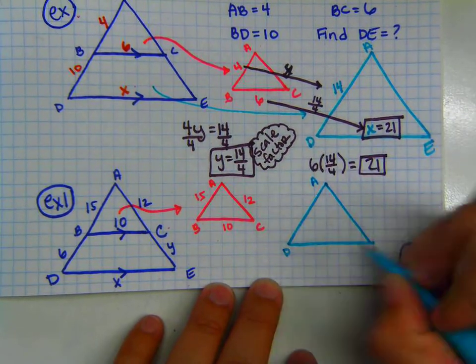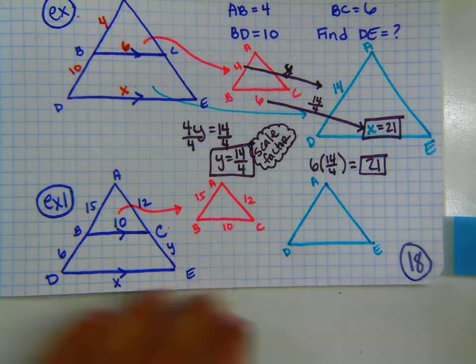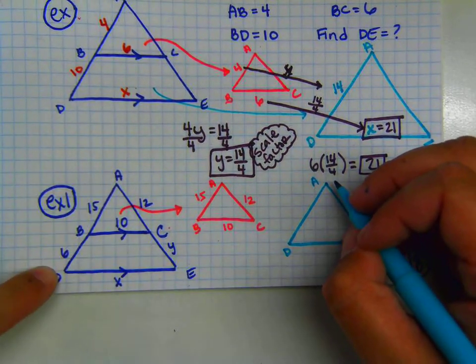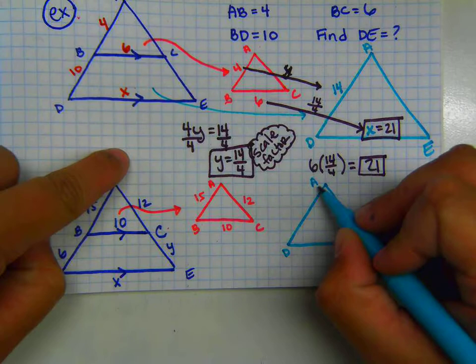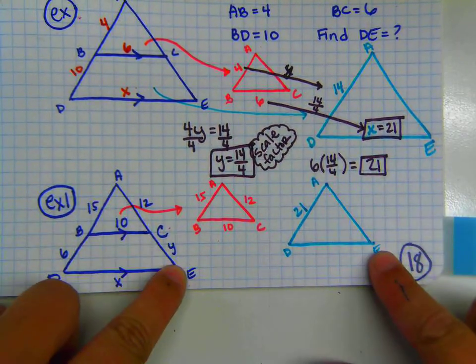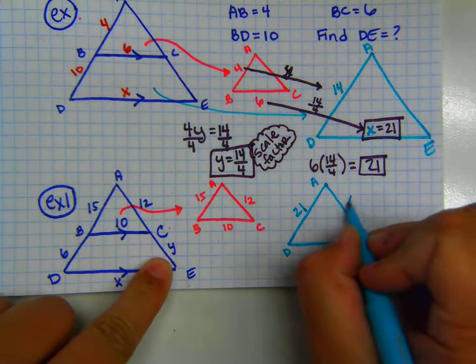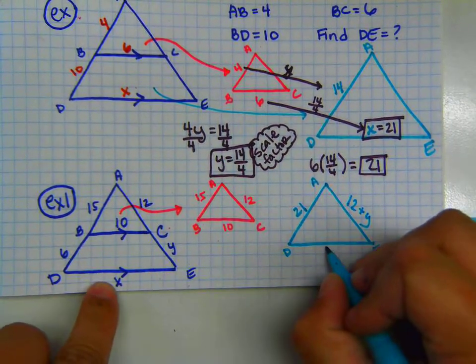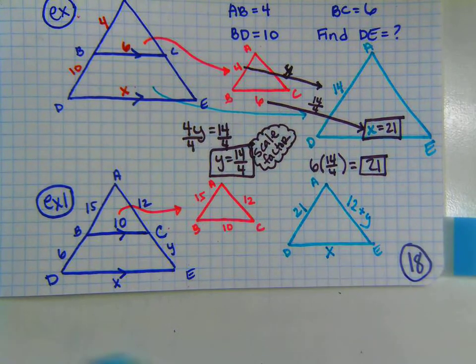A, D, E. This whole side length is 15 plus 6, because we have the whole side length, 15 plus 6, 21. Ooh, this side length is a little bit trickier. That's 12 plus y, because it's that whole thing. And this guy is x. So, again, I'm going to use scale factor.